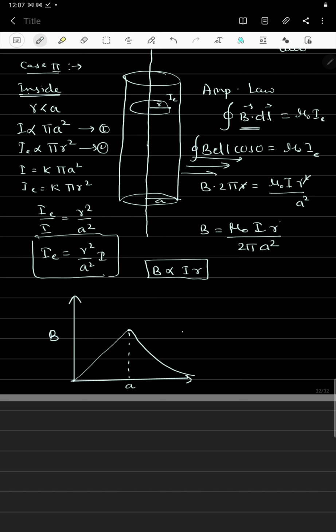This is the graphical representation of the magnetic field inside the conductor and outside the conductor.